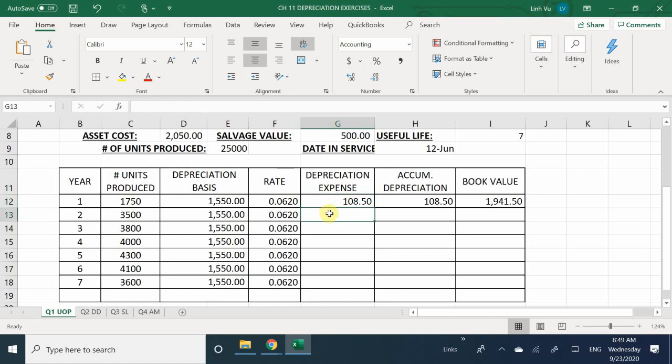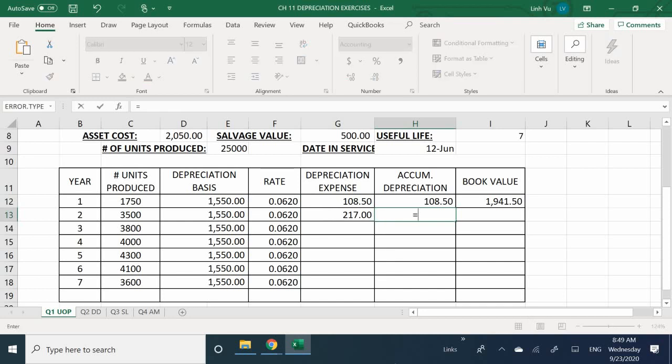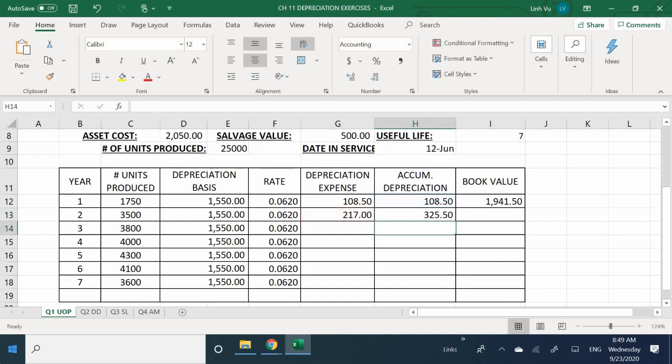About 3,500 times the rate. So what is going to be my depreciation expense for the second year? 217. Okay. And what's my accumulated depreciation for the second year? 325.50.